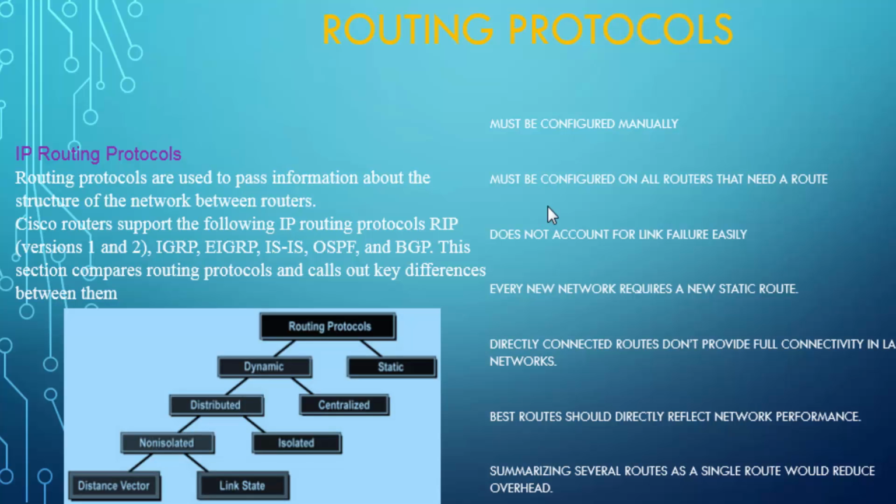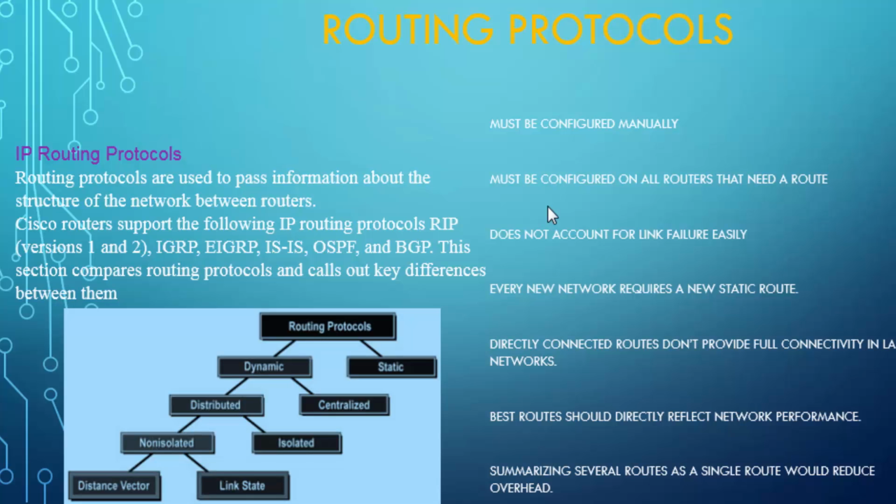Second, it must be configured on all routers that need a route. That means if you have 10 routers, you're going to need to configure those 10 routers, not only one. The routing protocols do not account for link failure easily.